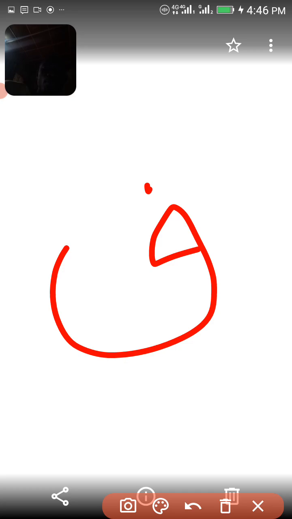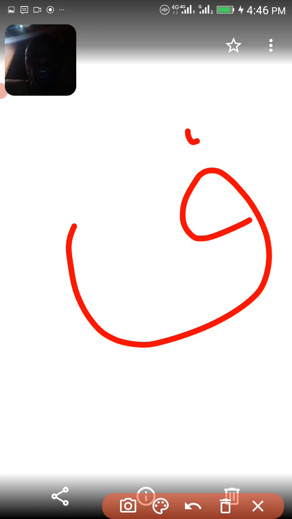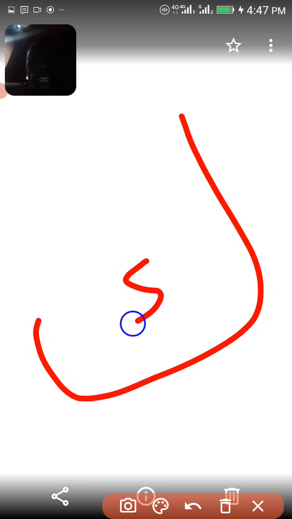Fa'un is very simple, it's the same as F. After fa'un we have qafun. Qafun. After qafun, we have kafun. This is as K.